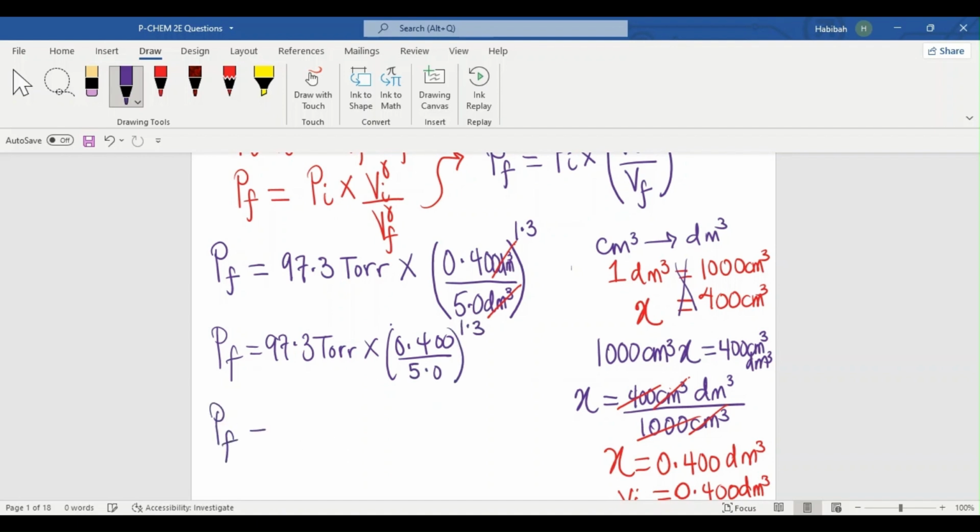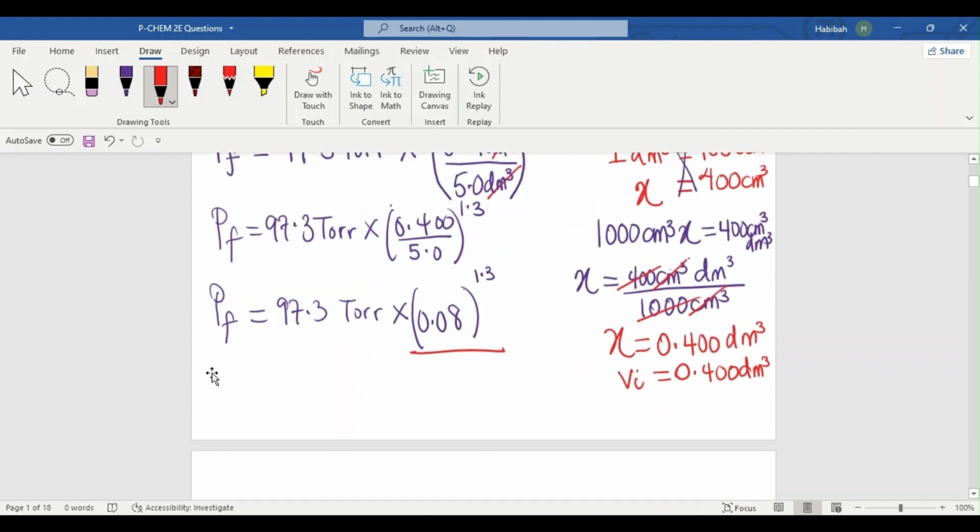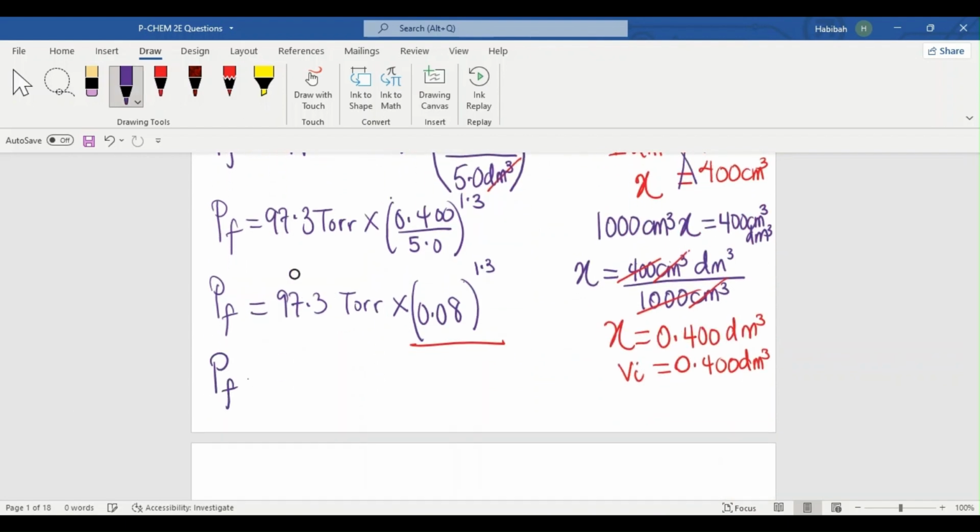So P final equals 97.3 torr times 0.400 divided by 5, which would give you 0.08, raised to the power of 1.3. When you have 0.08 raised to the power of 1.3 and you input that in your calculator, what you end up getting is P final equals 97.3 torr times 0.037499.